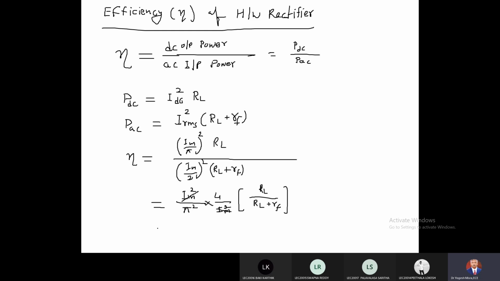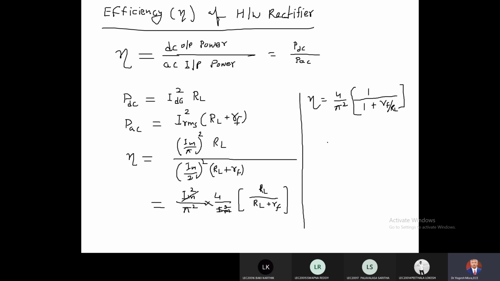Oh, 1 minute. Here only I will write. So eta is equal to 4 by pi square, and here, in both numerator and denominator, I will divide by RL. In the numerator RL is there, I divide by RL, so I will get 1. In the denominator RL by RL I will get 1, plus RF by RL.